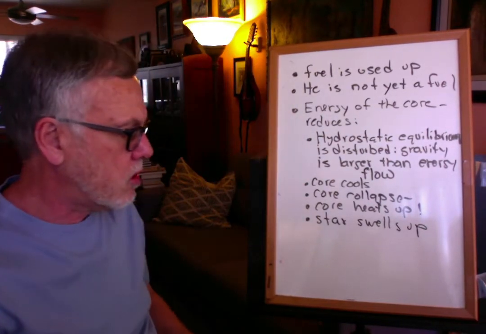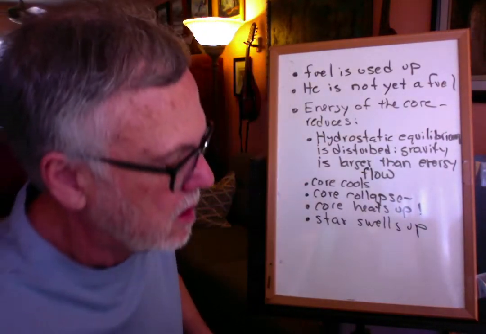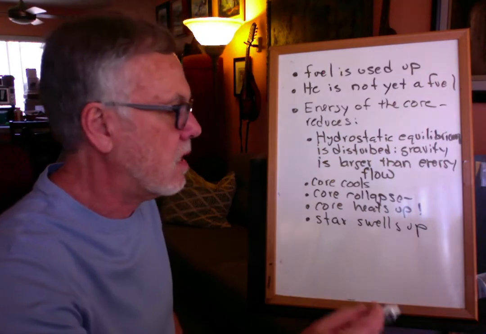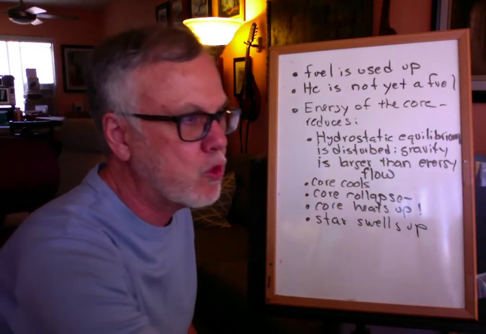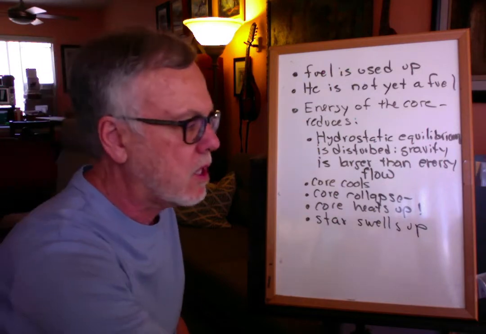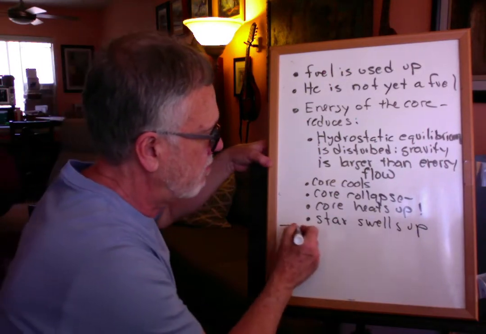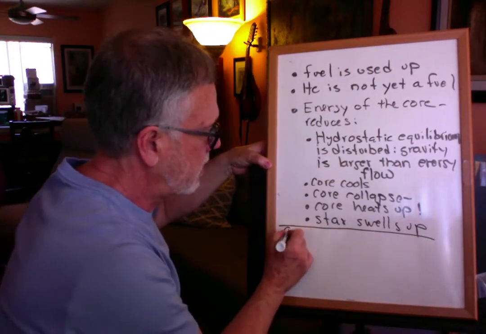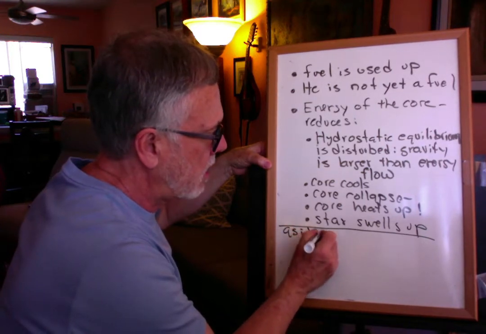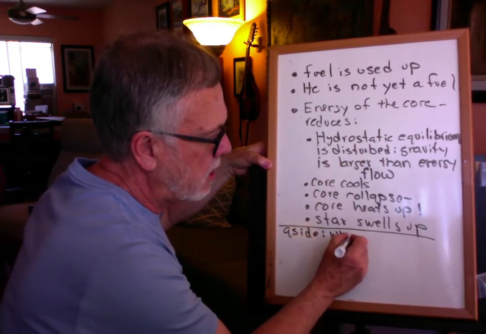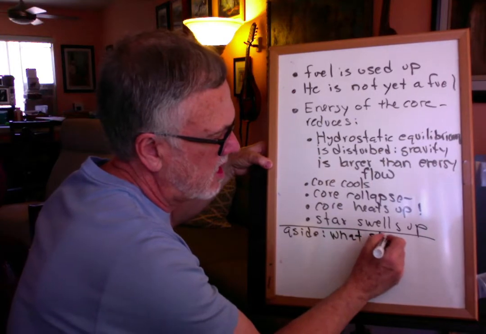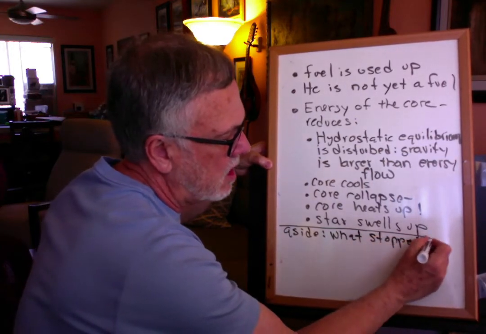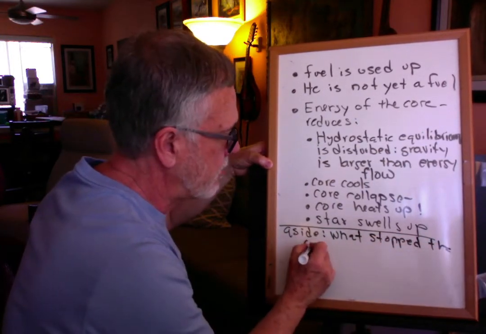So what occurs then? It gets hotter and hotter and hotter as it collapses. Remember what stopped the collapse of a star before. So this is just a little aside. What stopped the collapse of a birthing star?